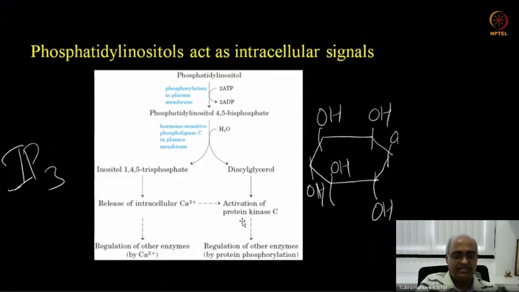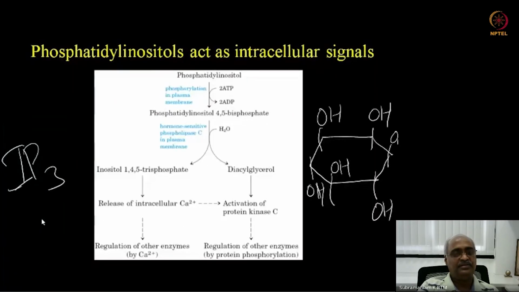Remember, covalent modification of proteins can activate or inactivate them. We saw the phosphorylase being activated by phosphorylation, and that phosphorylated phosphorylase being inactivated by removing the phosphate group. So by phosphorylating downstream target proteins, this protein kinase C modulates activity within the cell. So that is how the extracellular signal is transduced by the production of intracellular signaling molecule IP3. So this is one way by which lipids act as signaling molecules.